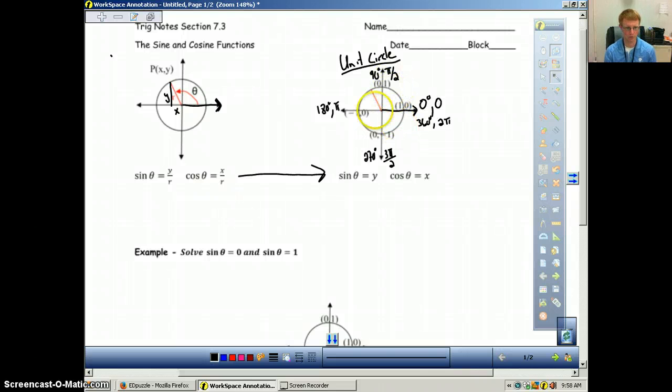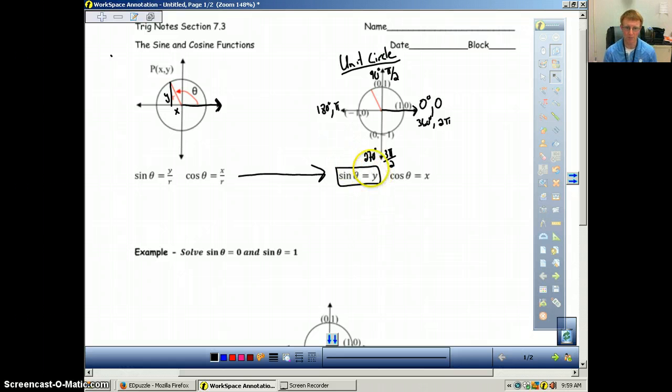So how are we going to use this? Well, let's first talk about what we know about our x values and y values. I want you to imagine that we're labeling the sine in black. However you want to label it on your notes is up to you.